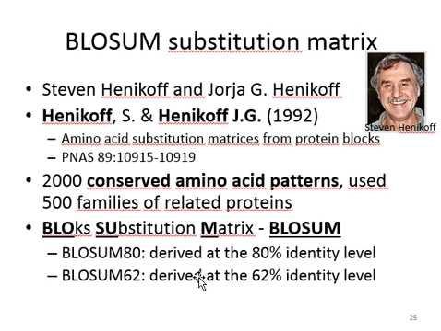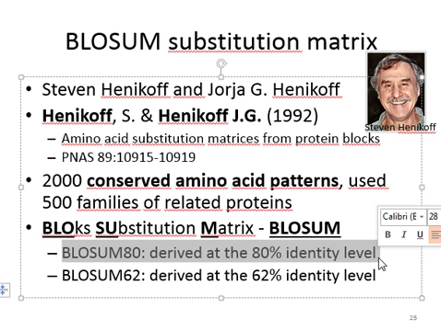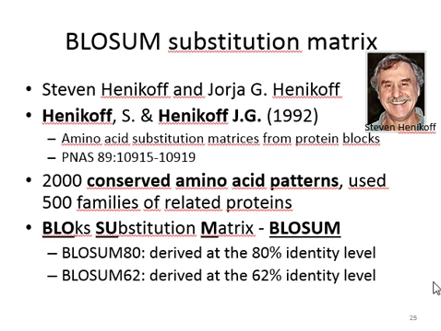The index of the BLOSUM matrix corresponds exactly to the level of identity. So a BLOSUM 80 corresponds to 80% identity between the sequences. The less related sequences have to be analyzed with a BLOSUM with a low index.